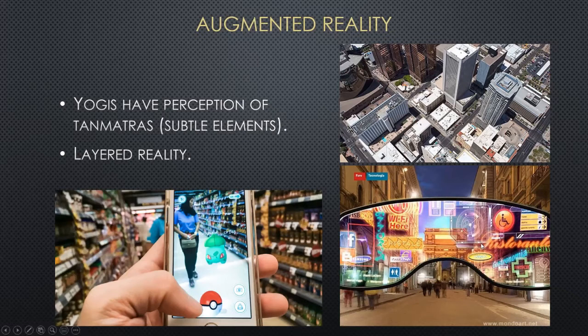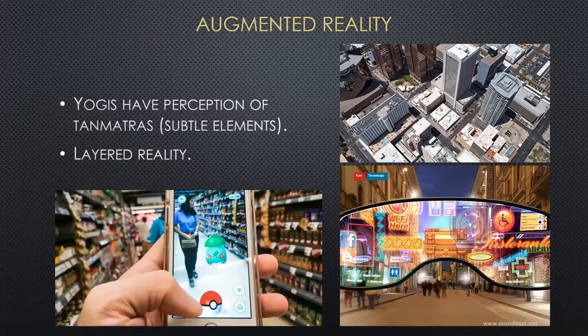They put a layer of things on top, so they'll tell you, this is where the bathrooms are, this is a restaurant, there's Wi-Fi over here, and by the way, somebody just posted something on Facebook, and somebody is calling you right now. So what augmented reality does is put an extra layer of information on top of the reality that you're seeing with your eyes.